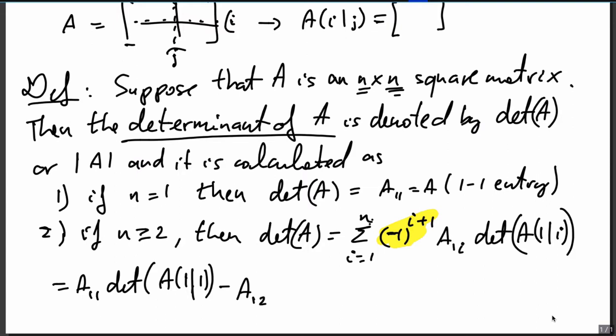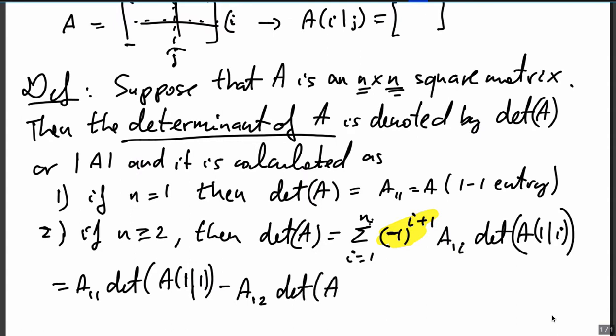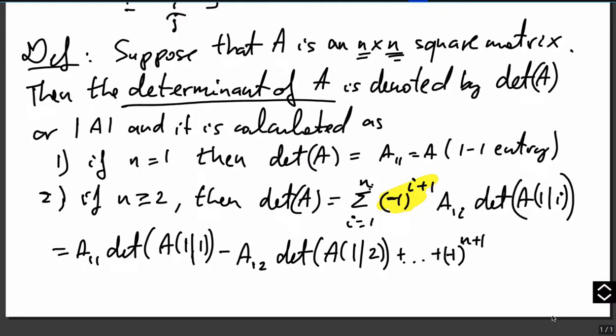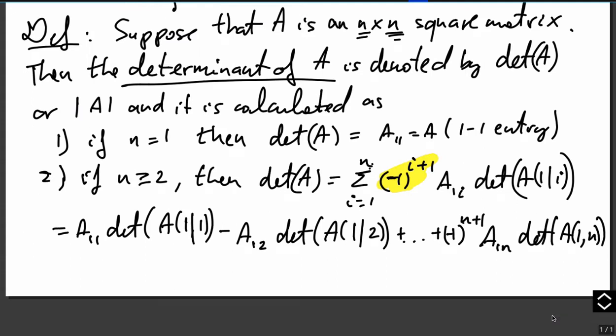So this is the first row and second column entry times the determinant of the submatrix that we get by removing the first row and then the second column. And so on. We continue this with alternating sign, and the last entry has (-1) to the n plus 1 coefficient, which is either positive or negative depending whether n is odd or even. And then the 1n entry times the determinant of the submatrix that we get by removing the first row and the nth column.